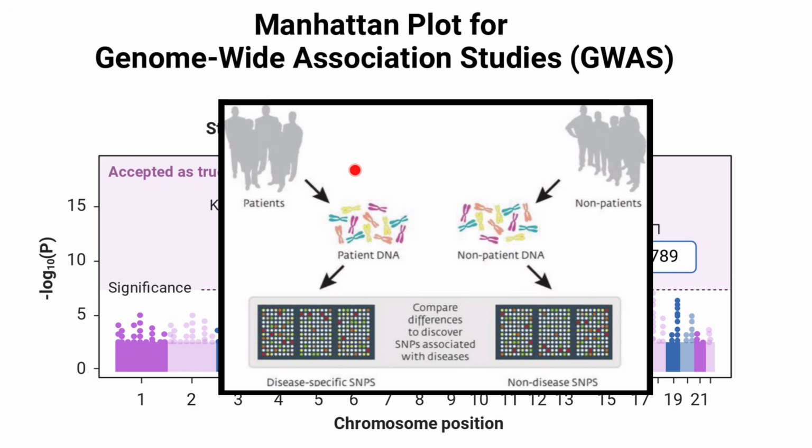Then we analyze the whole genomes of this group of people, and this is going to be the results of single nucleotide polymorphisms in their genomes, and here are the same single nucleotide polymorphisms for the group of people which doesn't have this disease.